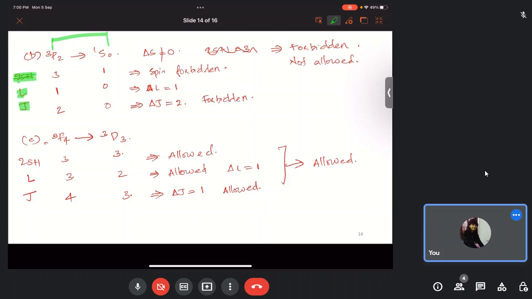And delta J should be plus or minus 1 or 0. Otherwise, the transitions are forbidden. If it doesn't follow any one of these rules, it is not allowed.